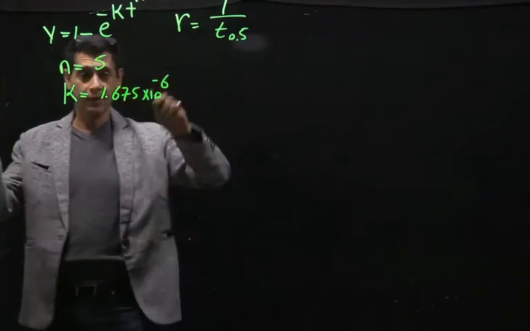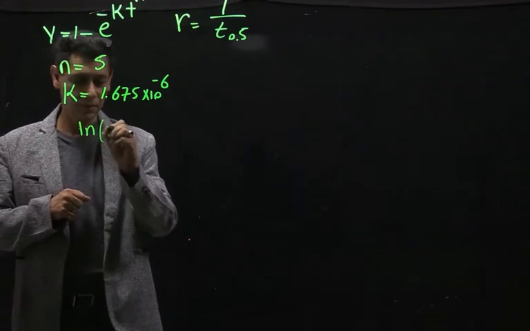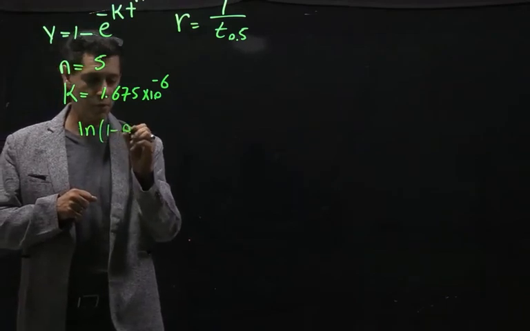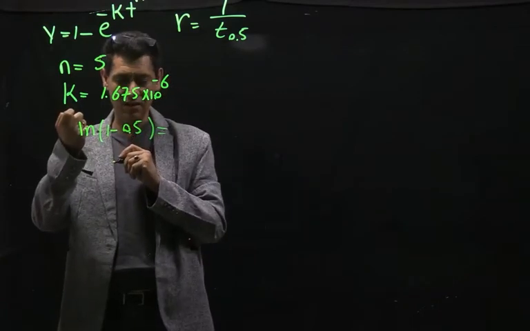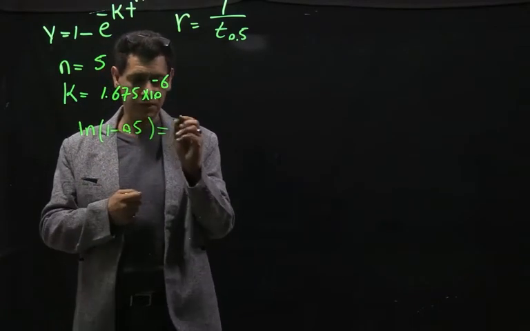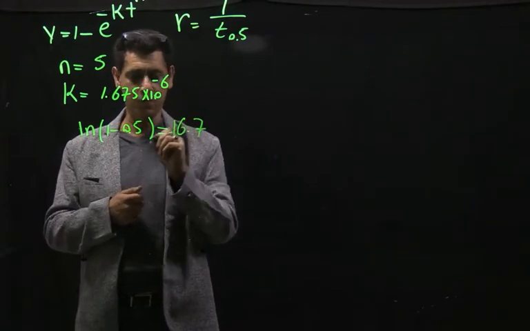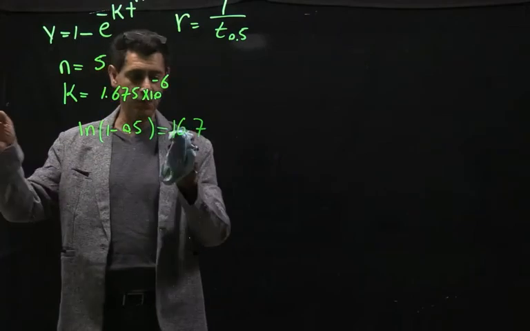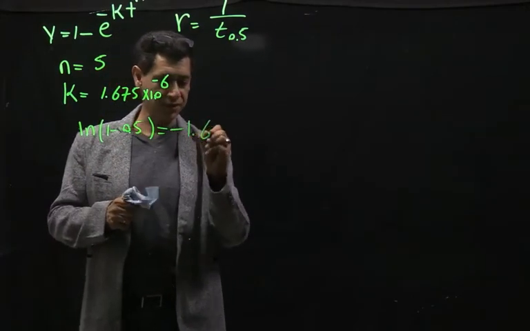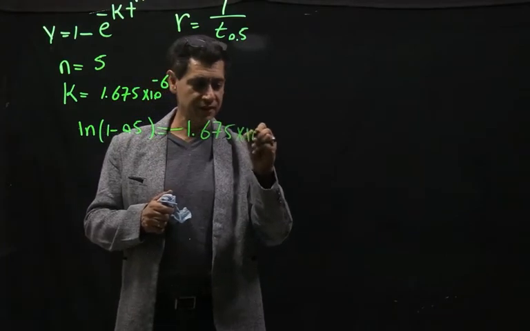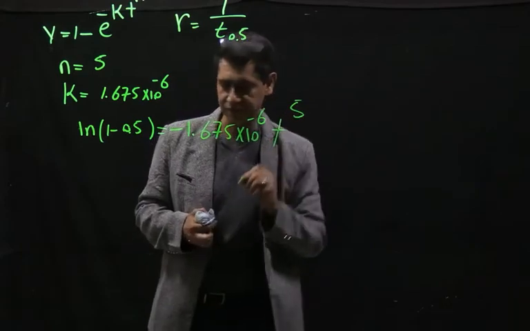So let's do the same thing here. Remember what we had: ln(1 minus 0.5) is equal to minus k t^n, and the new k is minus 1.675 × 10 to the minus 6, t to the power 5.